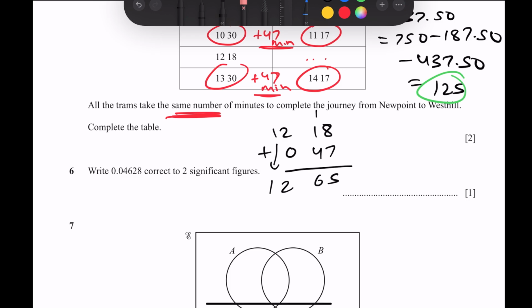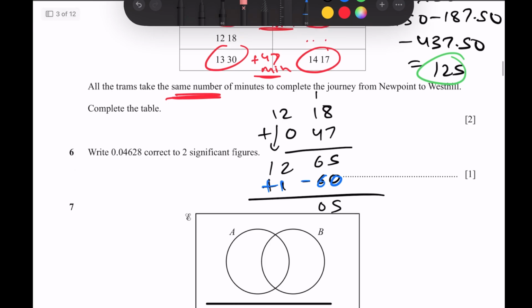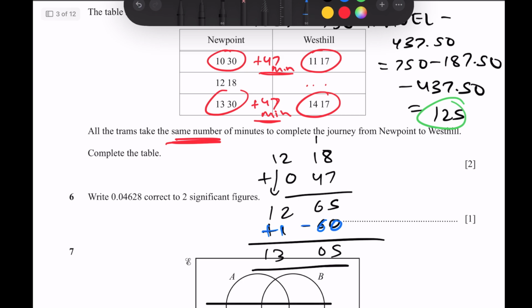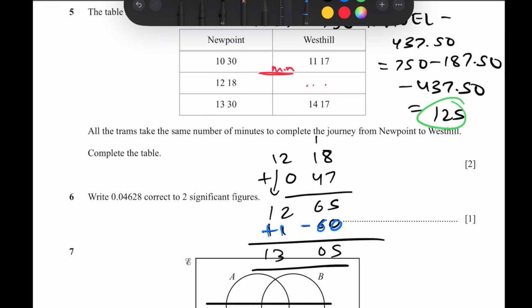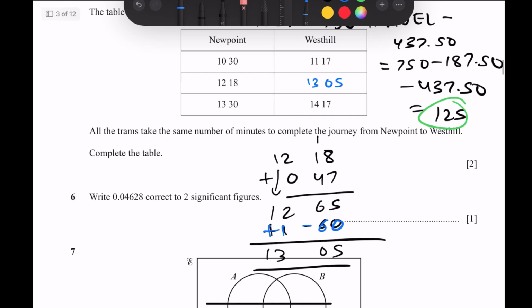So in this case, we subtract 60 from the minutes and add 1 to the hours, since minus 60 minutes is equal to plus 1 hour. So 65 minus 60 is 05, and 12 plus 1 is 13. So the final time is 13:05. So if I erase all these things for clarity's sake, the time when the tram reaches West Hill if it leaves New Point at 12:18 is 13:05.